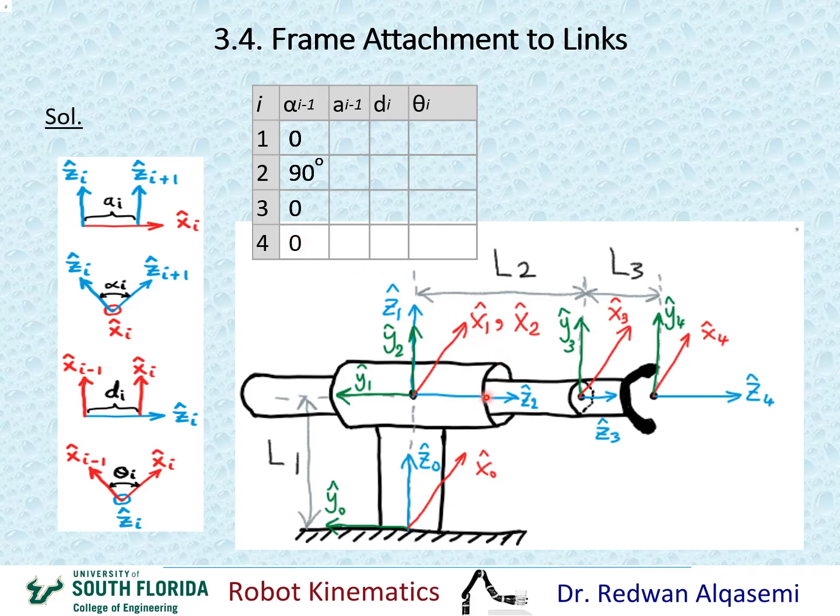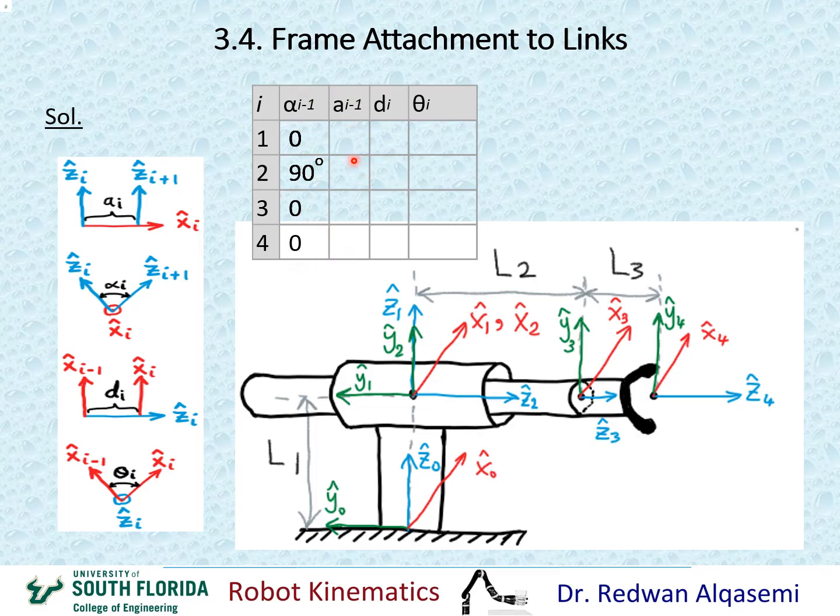So by putting all these in the same direction, we actually forced alpha 2 and alpha 3 to zeros. And we're going to see later on how this affects our forward kinematics. Each one of these numbers will be calculated in a matrix. So if we have as many zeros as possible, that eliminates a lot of calculations that wouldn't be necessary. All right, so we're done with the alphas.